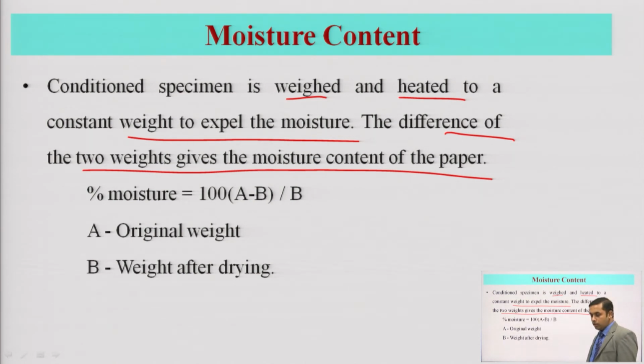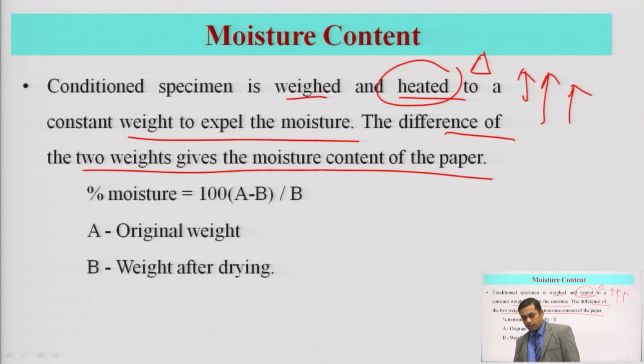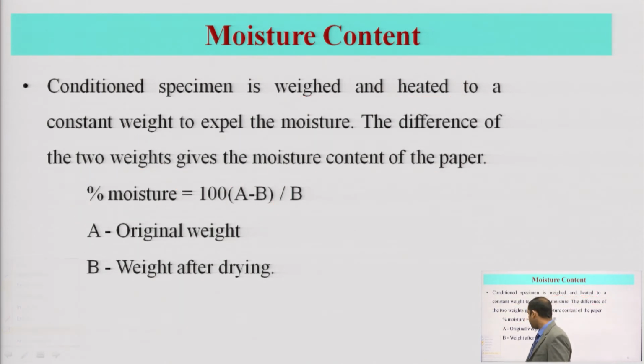How to do the moisture content test is very simple. You take a small part of your material and heat it. Why are we doing heating? Just so that the moisture content may evaporate, and then you take the weight of the material again. So, the percentage moisture content is equal to 100 (A minus B) divided by A. What is A?